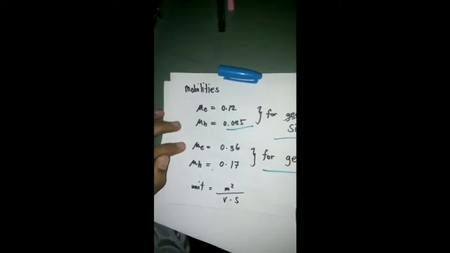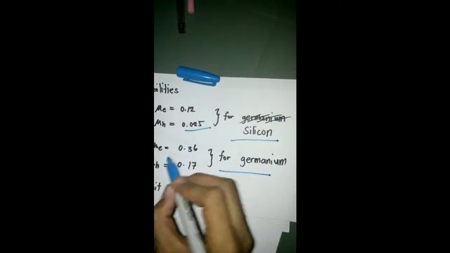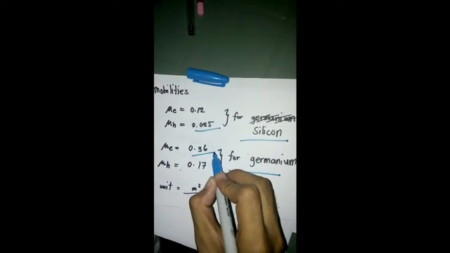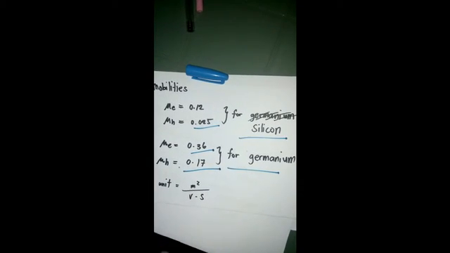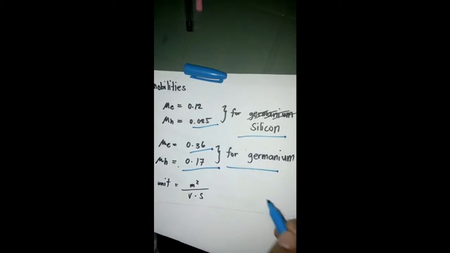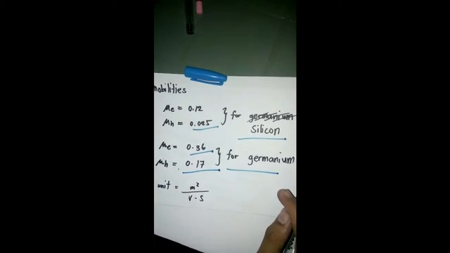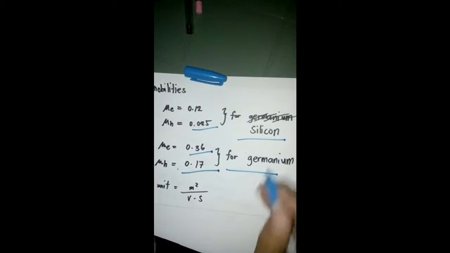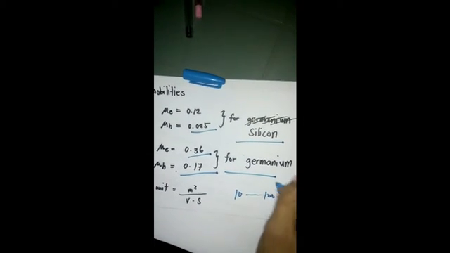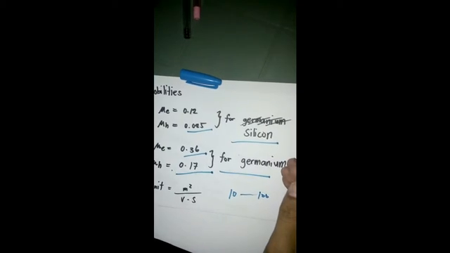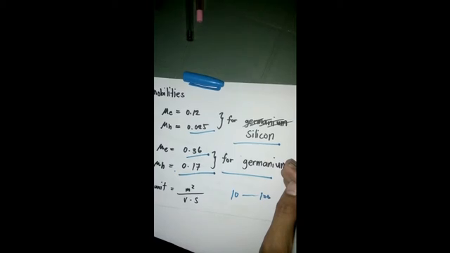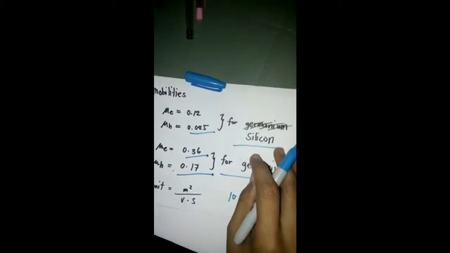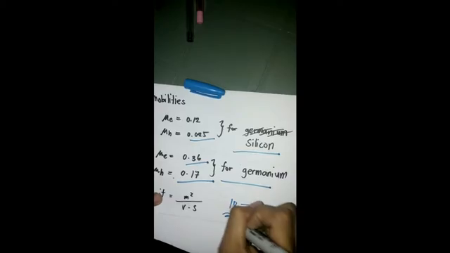And for pure germanium, the mobility of electrons is 0.36 and the mobility of holes is 0.17. These give you a unit of meter squared per volt second, and range from 10 to 100 times as large as those for aluminum, copper, silver, and other metallic conductors. The mobilities listed above are given for a temperature of 300 Kelvin.